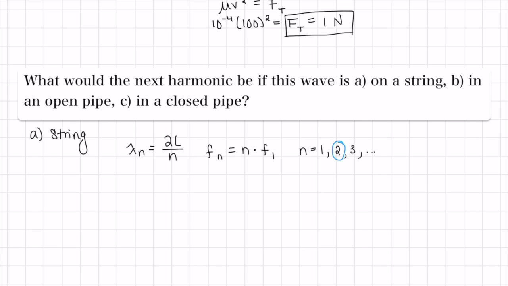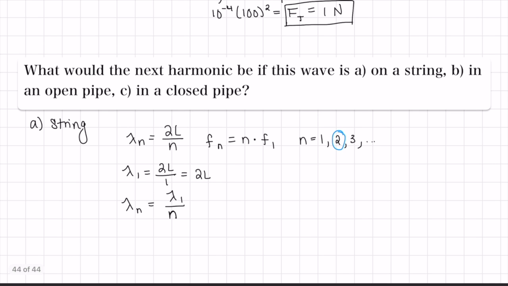And so we don't know the length. So this is something that I don't explicitly always write. But since lambda 1 is going to be 2L over 1, or 2L, we can also rewrite lambda n as lambda 1 over n. We just don't explicitly have the length for any of these, so that's also kind of a nice relationship to have.